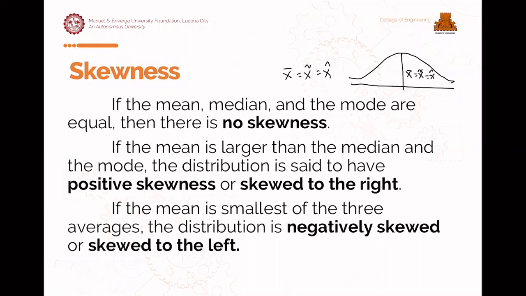Then positive skewness occurs when the mean is larger than the mode and the median. So, for example, this is our mean, this is the median, and this is the mode. Positively skewed, so it is skewed to the right.